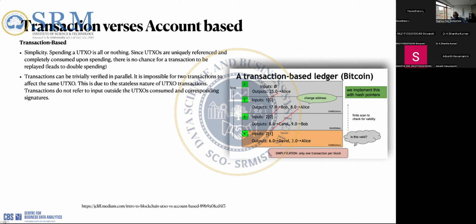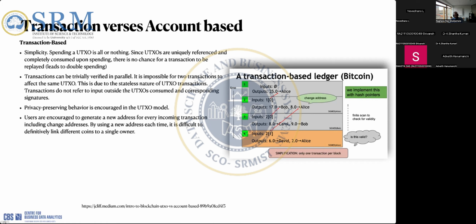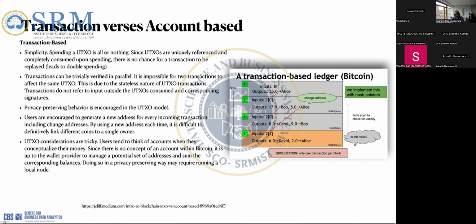It doesn't work like that. You can only use all the coins at once. So the coins are immutable, and the transactions are immutable. That's why we say the transaction-based ledger is quite convenient: it allows a finite scan of the transactions, and verification is quite easy because it is stateless, among many other advantages.